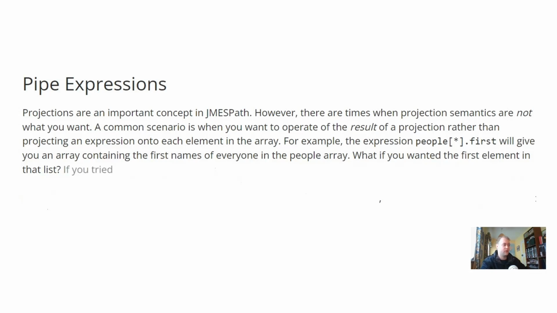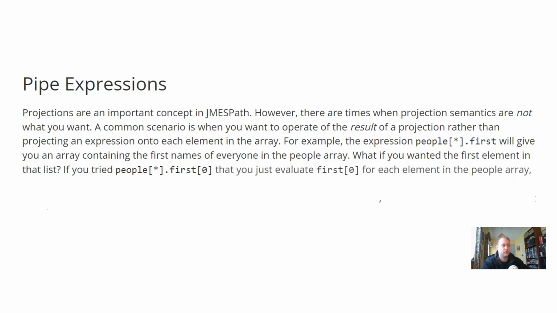They say if you tried people star dot first and then 0 in square brackets, well, we can see that that wouldn't work. Remember that principle, the index is internal, so it doesn't focus on the 0th first key, it focuses on the value next to first and the 0th element within that. First doesn't have an array as its value.